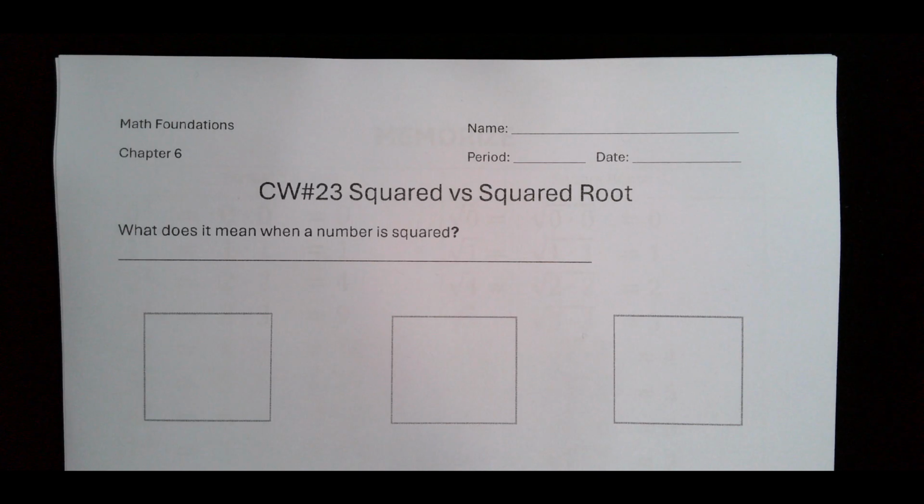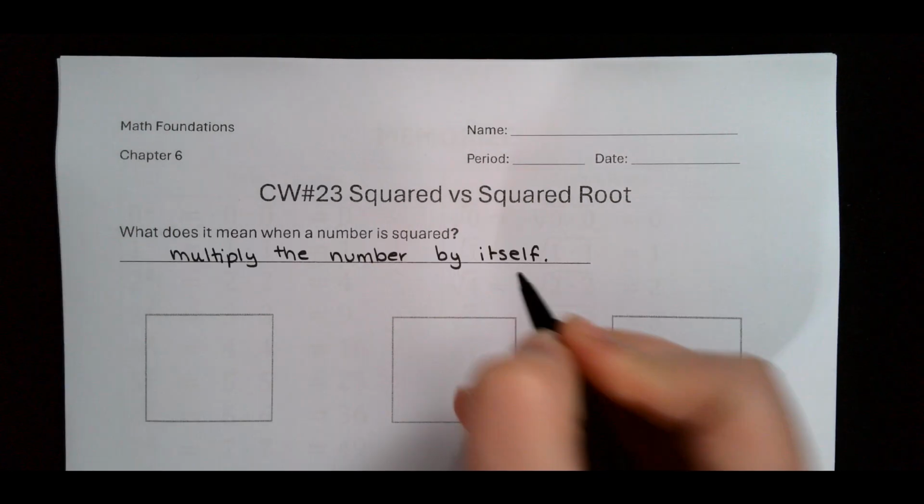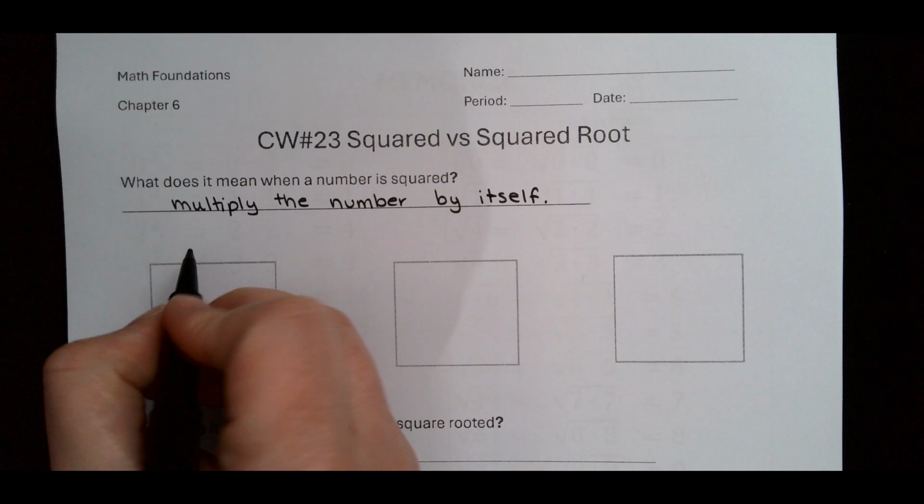If we take a look at a square, here's three squares. We're just going to use one at a time. Let's say we have a base of 3, so a side of 3.